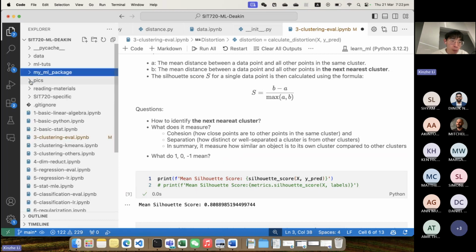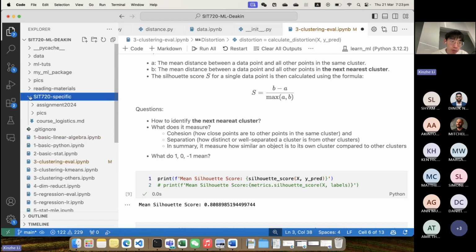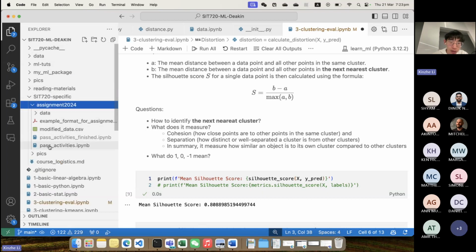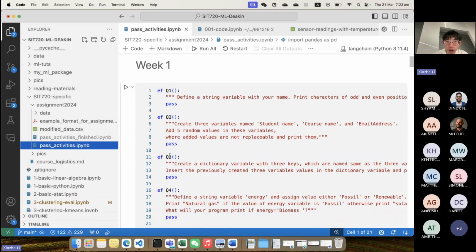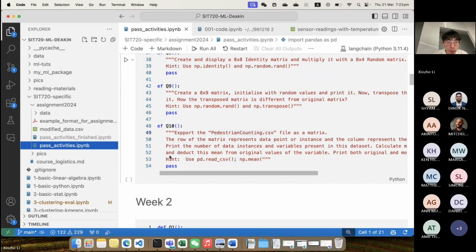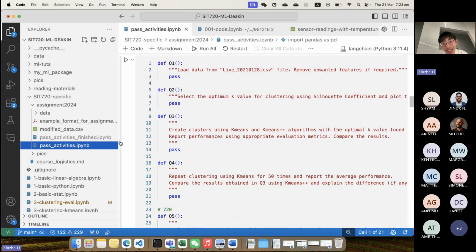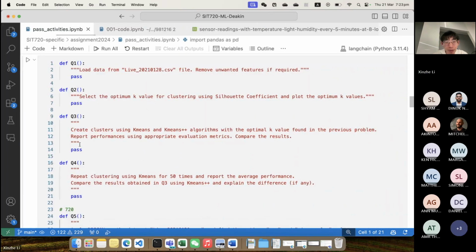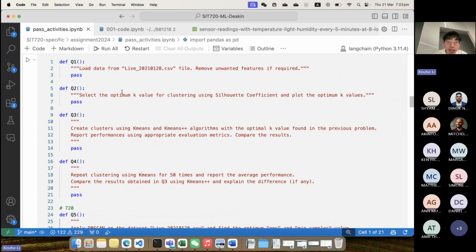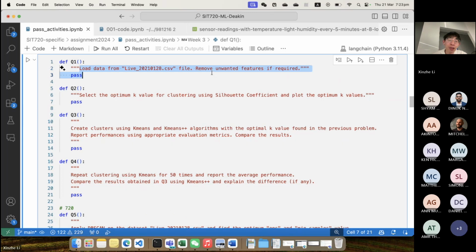Okay. Because there are a lot of intensive things here, I want to have some relaxed things before I go to the detail of K-means. I want to look at your past activity. It will relax you from this intensive content.